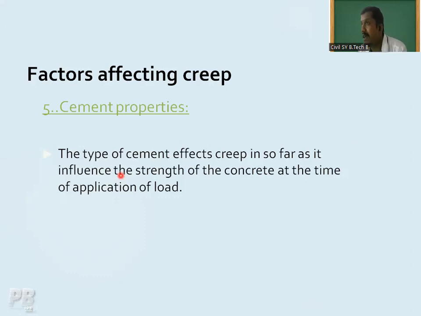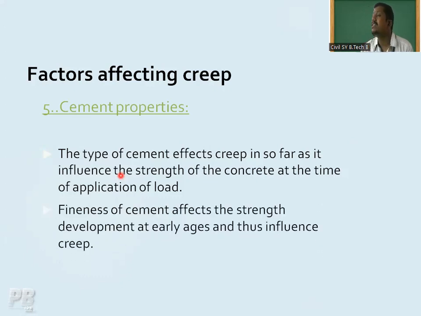Second factor as far as cement is considered is its fineness. As I told you, finer the cement, there will be more surface area. Always remember these words. If the cement is more finer, there will be more surface area. And as there will be more surface area, there is a very good bonding between the cement and the rest of your concrete matrix.